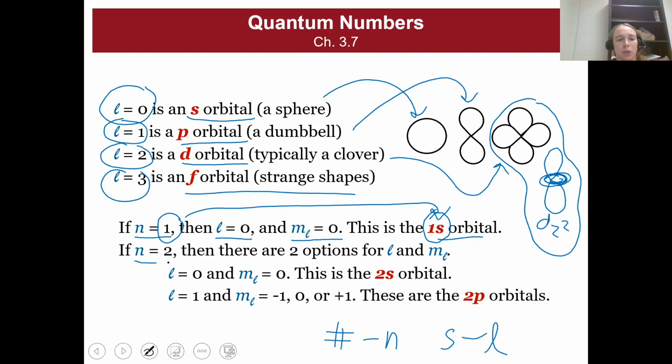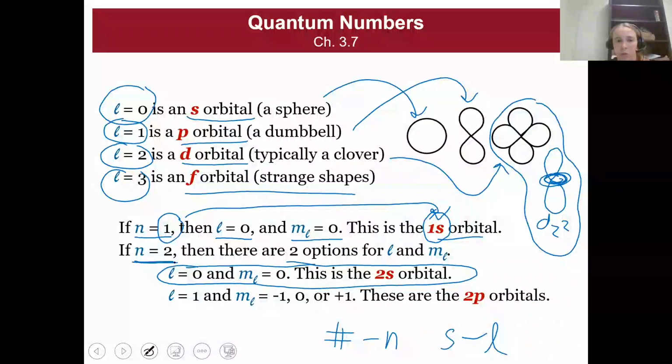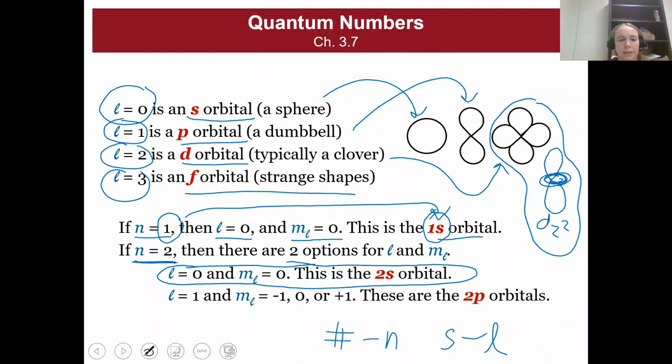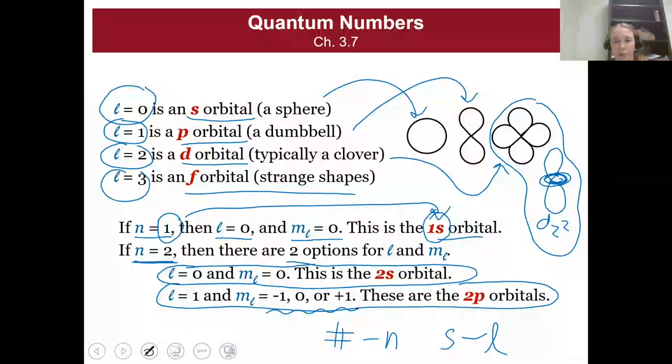So when n equals 2, we have two options. So we have the same option that we just talked about with the s orbital, and that one's called the 2s orbital because now n equals 2. But we also have the option of L being equal to 1. So if L is equal to 1, it can be 1 because that's not equal to n. It's still less than n. So if L equals 1, then again, m sub L can be -1, 0, or +1.